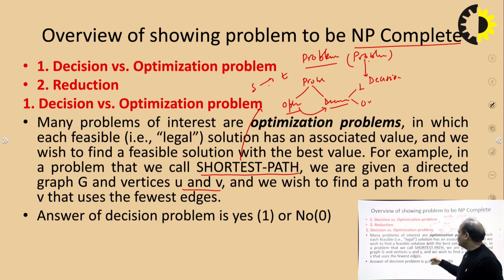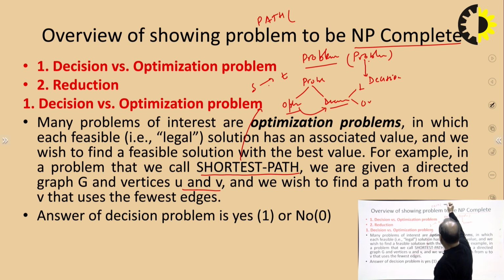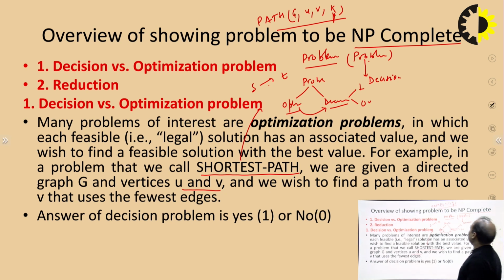You can convert this shortest path problem into a decision problem, let's say PATH. You are given G, U, V and K, another number, where K is the number of edges. The question is: is it possible to have a path from U to V with K edges?